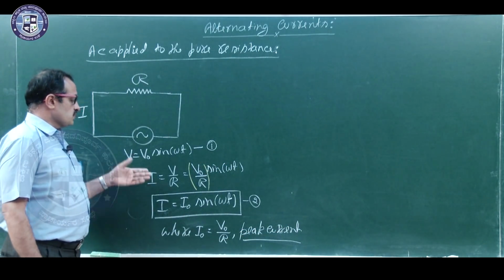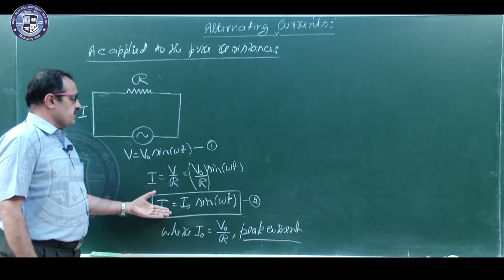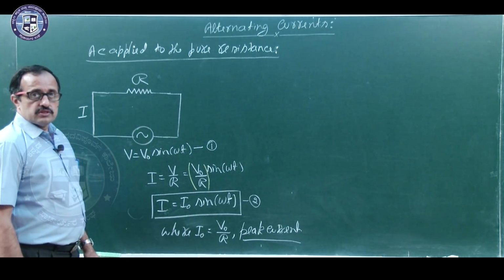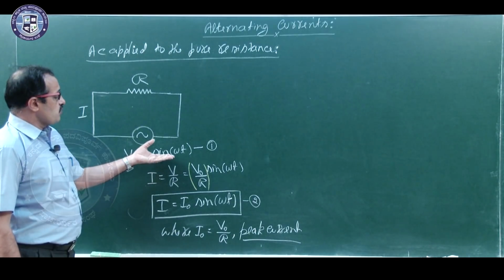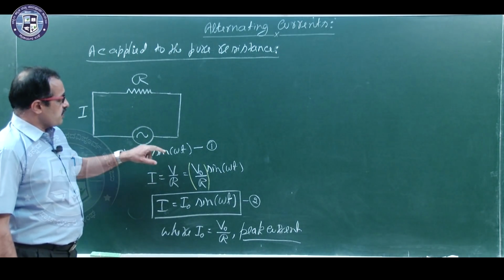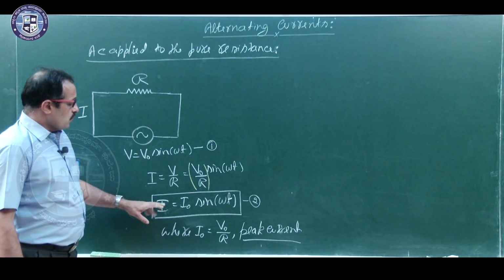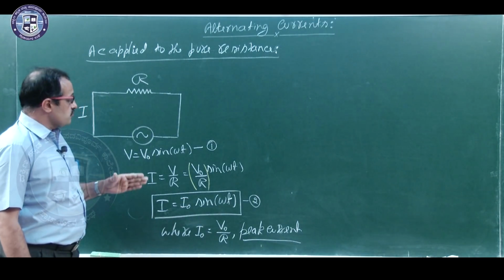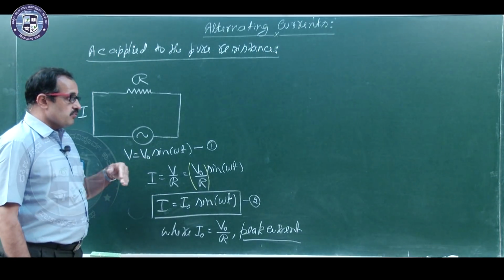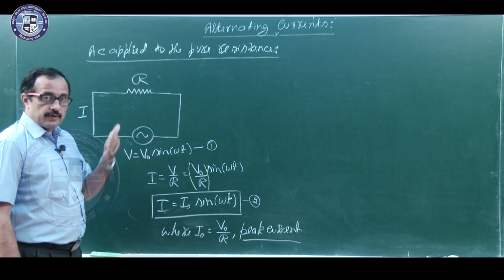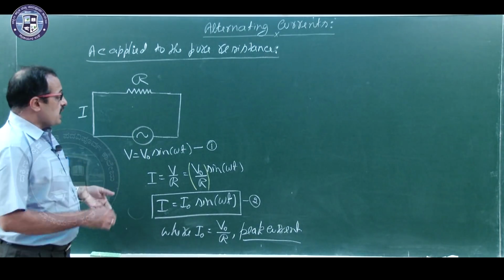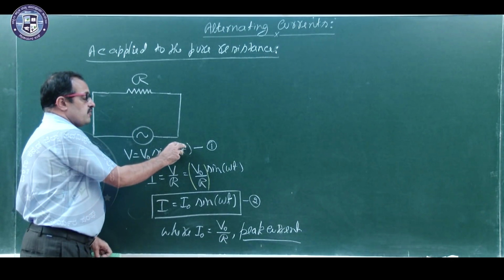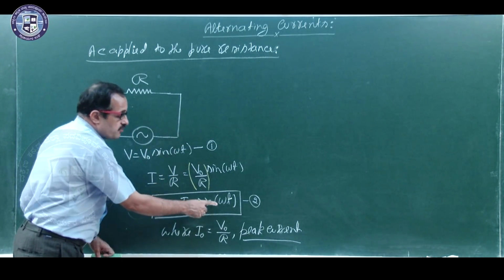Now, look at the equation for voltage and current. They are alike. Look at this phase angle, sin omega t. In the current, what is the phase angle? Sin omega t. Means both voltage and current are changing together. As omega t value increases, the same value comes here.